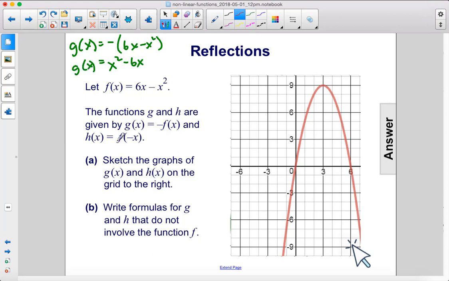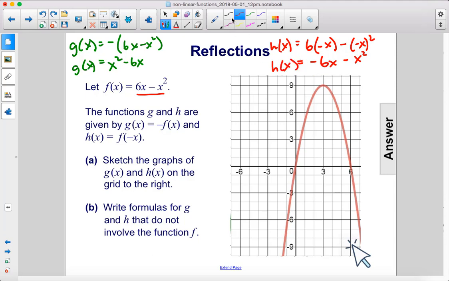For h of x, we have h of x equals f of negative x. So we start with this, and we plug in negative x everywhere we see x: 6(-x) minus (-x) squared. So that equals negative 6x minus x squared. And so that's our new h of x.